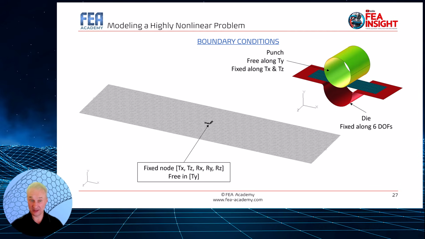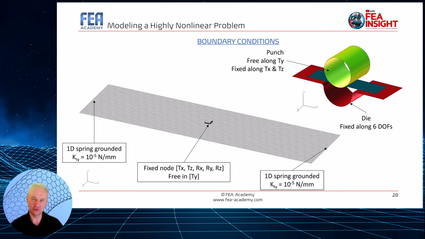What I am doing with this node in terms of boundary condition is that I fix the degrees of freedom in the translation X, translation Z, and the 3 rotations. But it is free in the Y direction, and only this specific node. You can consider this node as being on the symmetry axis of the plate.